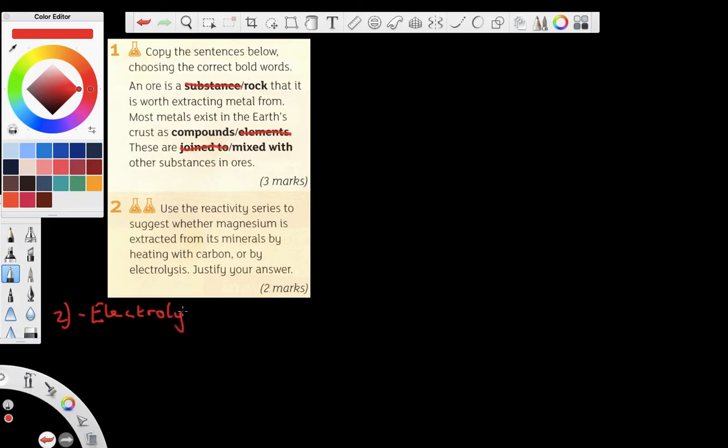And for your second mark, you needed to say, because magnesium is above carbon in the reactivity series.